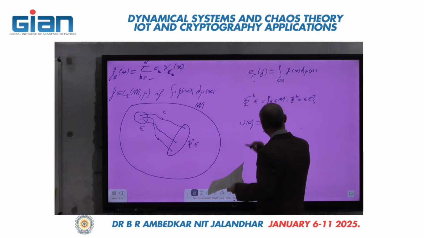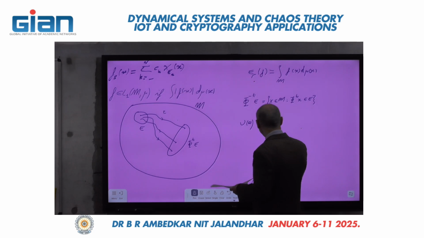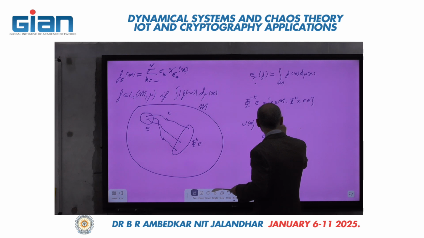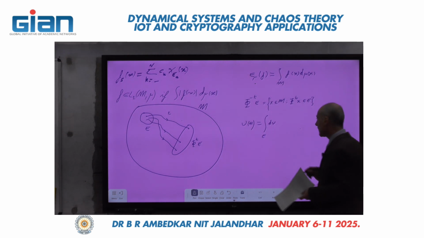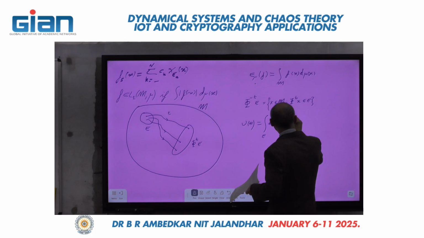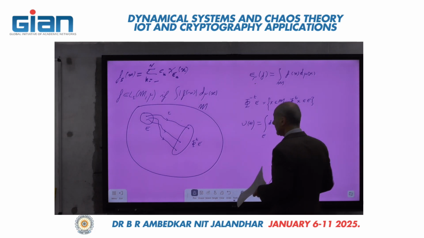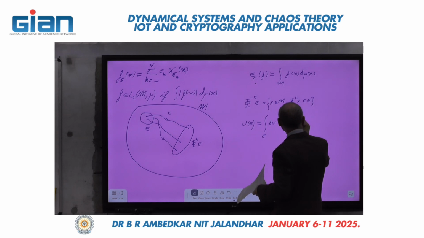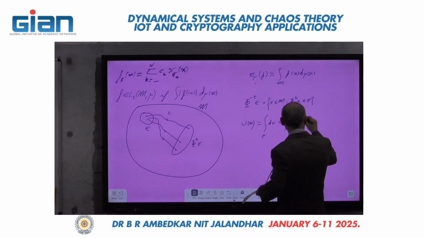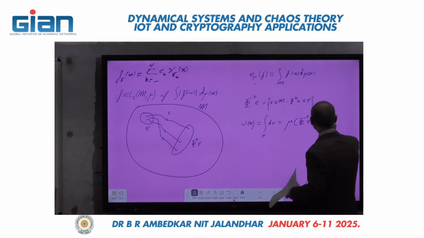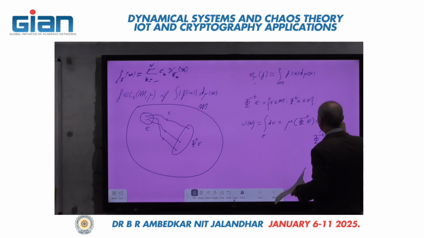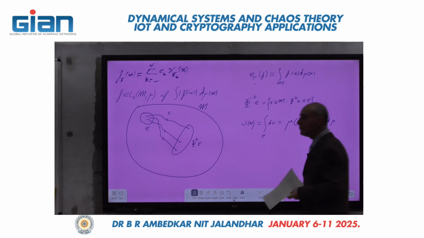It becomes the integral over the set E of the new probability d nu, equal to the old probability in the pre-image, which is the integral over the set phi minus t of E of d mu.